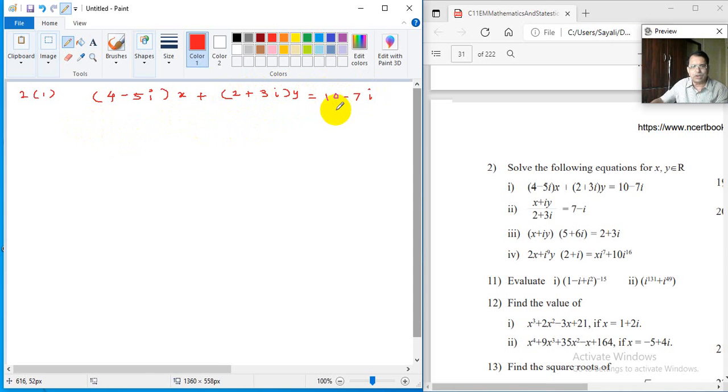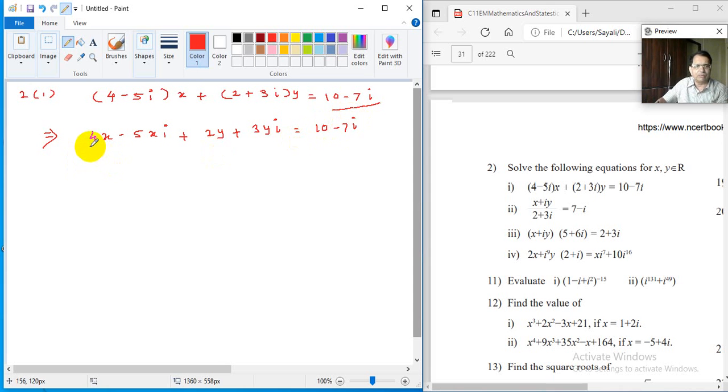Now on this side you have a complex number. Here also this is a complex number. I can multiply by x. Sorry, पहिल्यांदा आपण LHS घ्या, दिस इम्प्लाइज x ने आत गुणलं की काय होणार बघा, 4x - 5x इंटू i प्लस 2y प्लस 3y इंटू i, and this is equal to 10 - 7i.